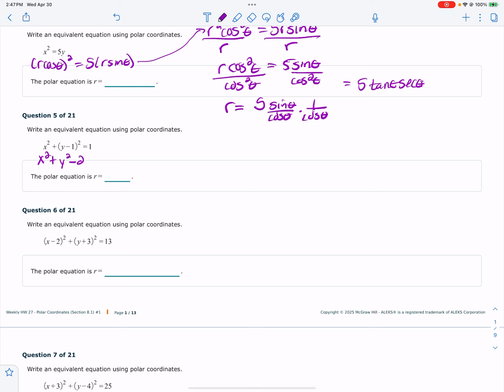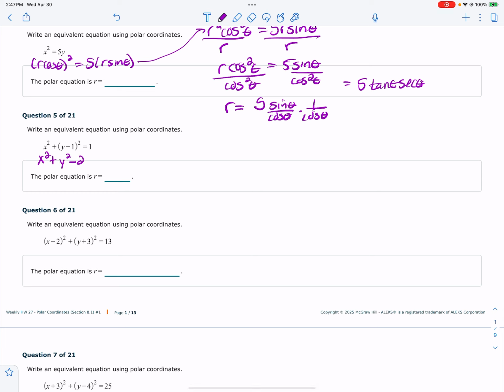So here we'd factor out an r squared. Cosine squared plus sine squared is 1 from our identities.